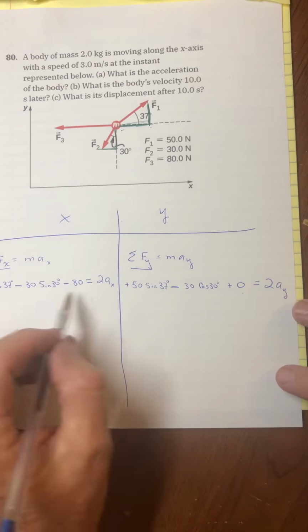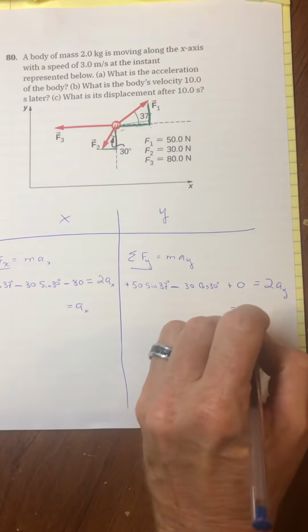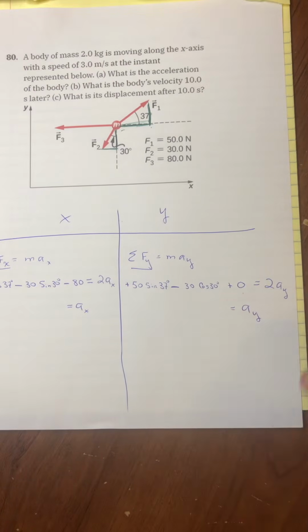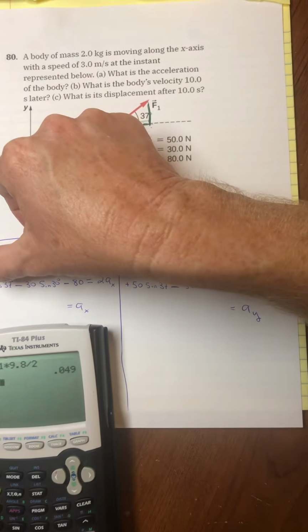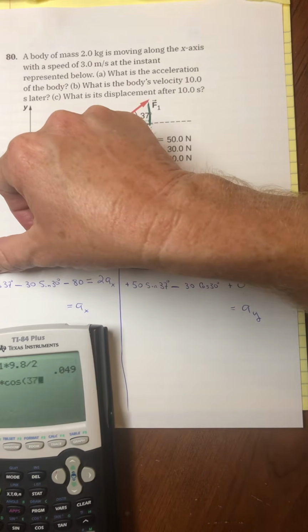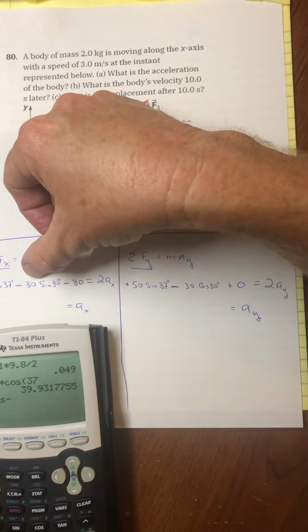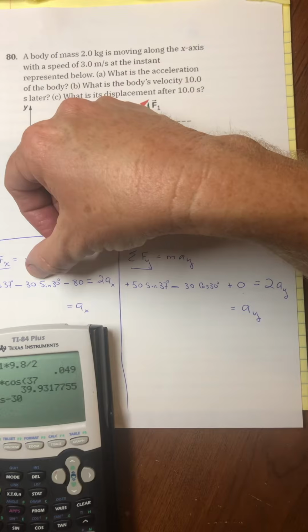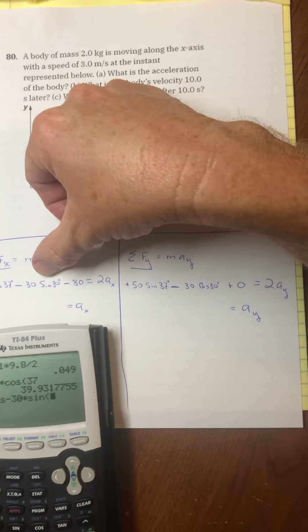All right, well, then I have all these, and I can actually solve for the acceleration in x, and I can actually solve for the acceleration in y. So let me do that. As I said, this would be 50 times cosine of 37. That's got to be close to 40. Okay, there's 40. Then minus 30 times sine 30.